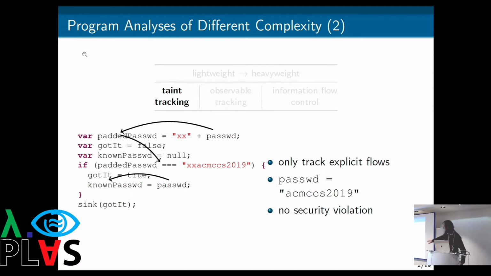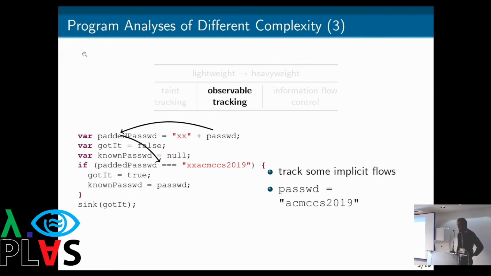Oh, and I forgot to say, we use this super secret ACM CCS password from this year in this simple example. But as you see, there's no security violation according to this taint analysis, because it couldn't find the relation between the password and the sink, because it only considers explicit flows.